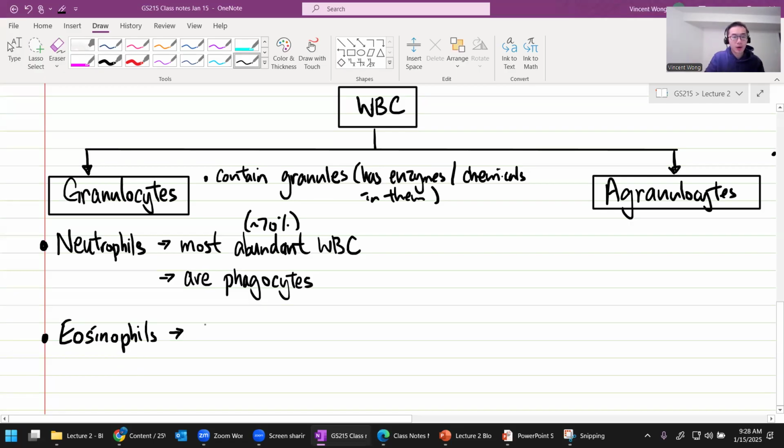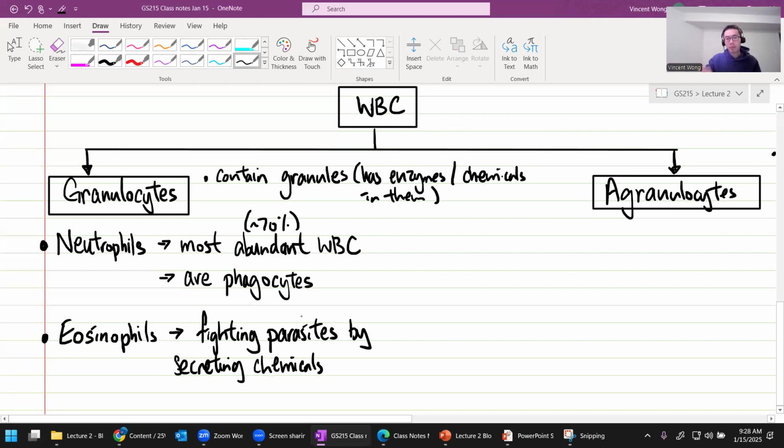Eosinophils are important for fighting parasites by secreting chemicals. That's the main way of fighting a parasite. If you have a parasitic infection and those parasites are really big, you can't phagocytize them. You cannot eat them. So you have to secrete chemicals to attack them.